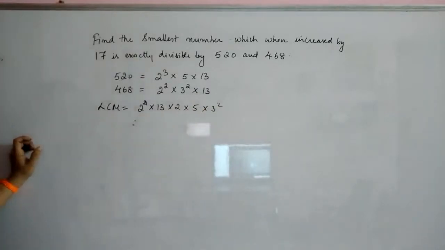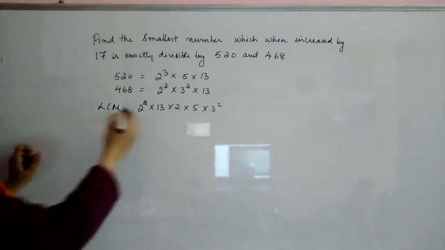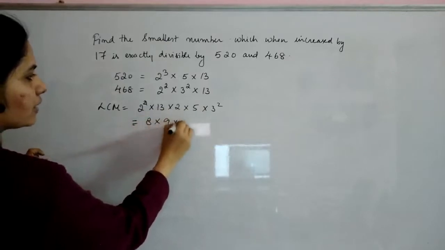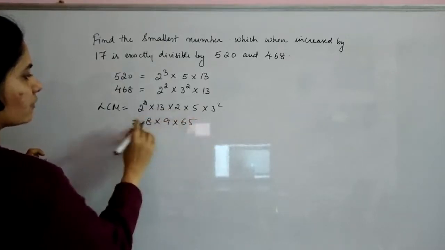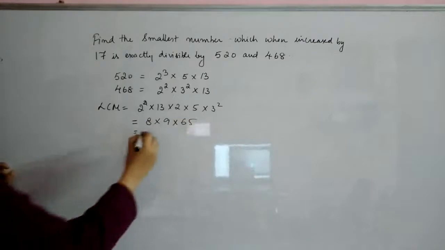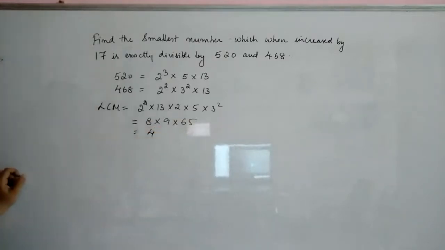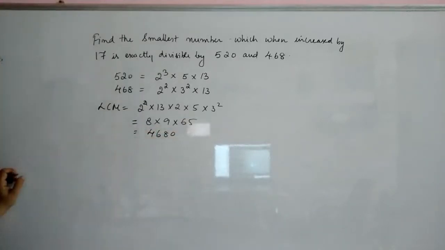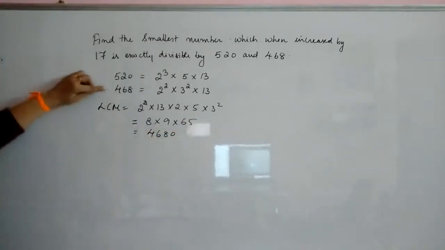So how much are you getting as the LCM? 2 cube into 3 square into 13 into 5. 2 cube, this is 2 cube. 8 into 9 into 13 into 5. How much are you getting? Is it 4, 6, 8, 0? LCM is 4680, LCM of these two numbers.